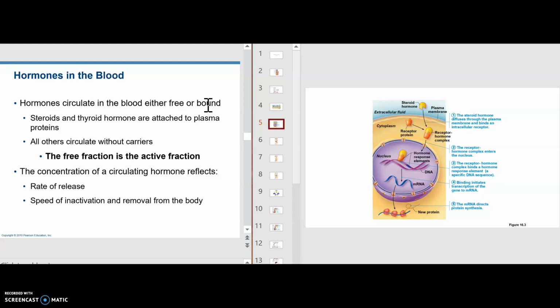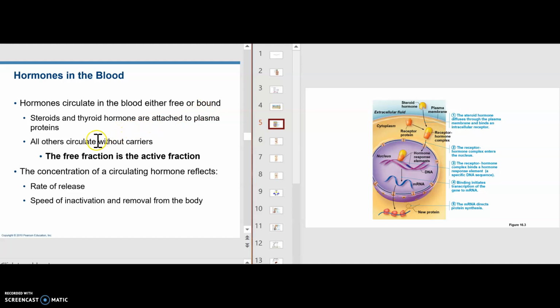The carrier protein would be amphipathic, which basically means it's part lipid soluble and part water soluble. These act as carrier proteins. For example, for thyroid hormone, you have thyroid binding globulin. And you have various carrier proteins that carry it. Water-soluble hormones don't need this because they're already water-soluble, so they can float nicely in the blood.